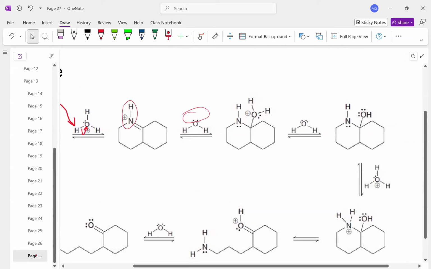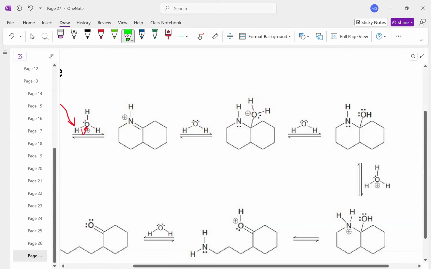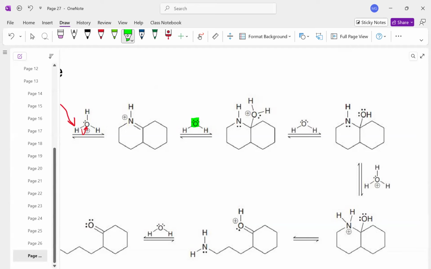All right, let's look at the next step here. Again, pause the video, highlight what has changed. Well, one of the big things is that this oxygen, sorry about that, this oxygen is now attached to this carbon.